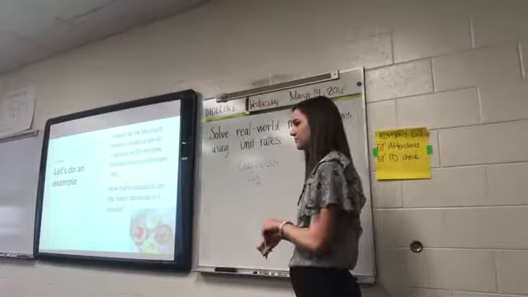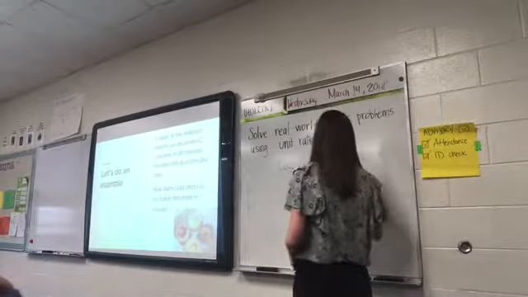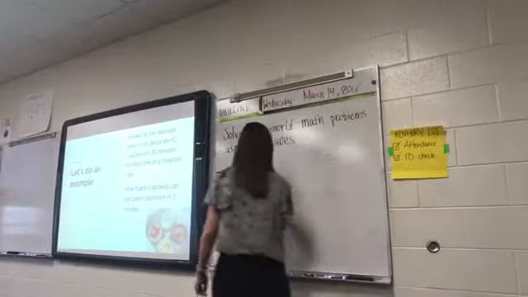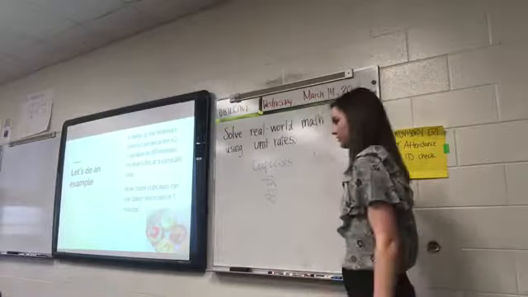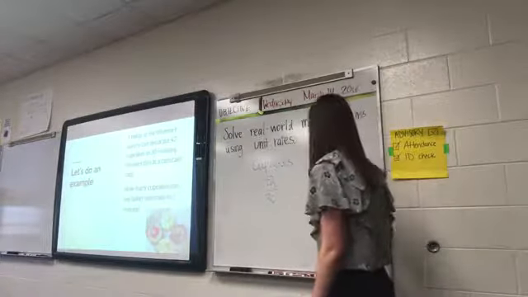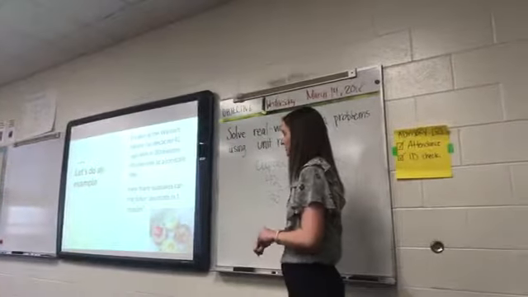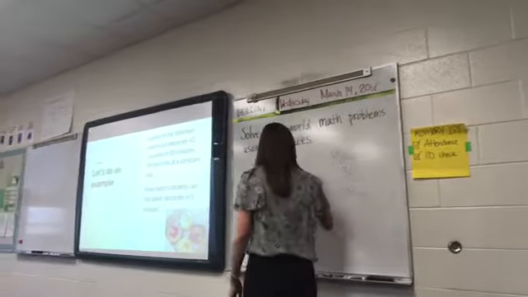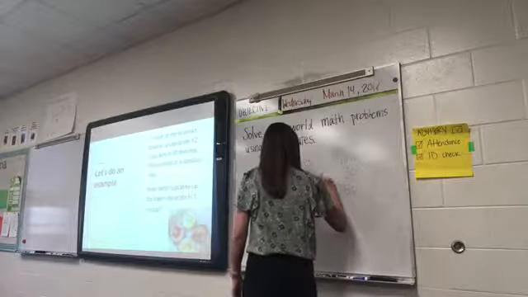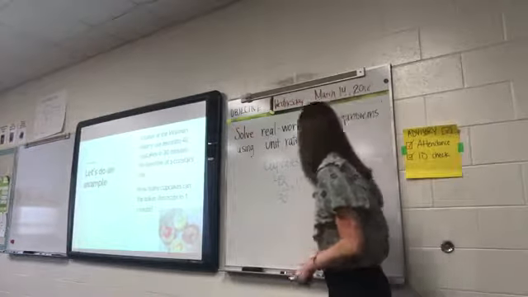Because 30 minutes is enough time to get 1 minute. Very good. So we divide both sides by 30. What is 30 divided by 30? 1. What is 42 divided by 30? You can use your calculators for this. 1.4. Okay. So the baker can decorate 1.4 cupcakes per minute.